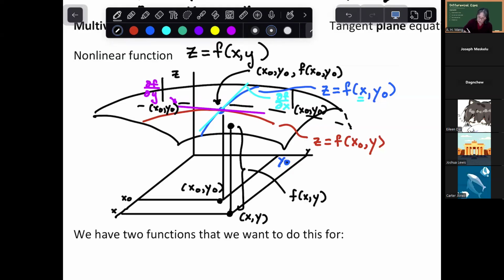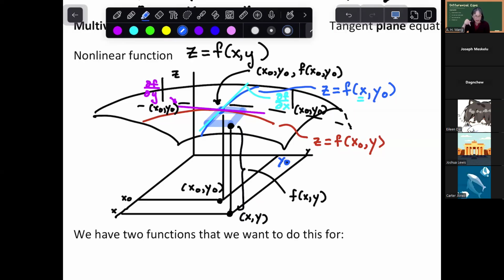So first, we're going to slide along this tangent line, and then we can slide along this one, and it's going to be parallel. Okay, and then we slide parallel. First, we slide parallel along the blue, then slide parallel along the pink. Or you could slide along the pink and then slide along the blue.